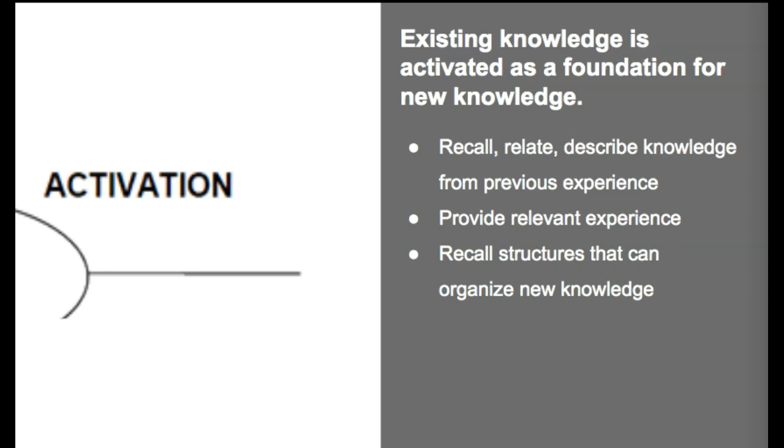And he also mentions recalled structures that can organize new knowledge. So if learners have a mental model that can be used to organize new knowledge, they should be encouraged to use this. And again, that goes back a little bit to the schemas that we talked about when we were looking at cognitivism. Now, what is important to note is that learners will be different. Not every group of learners is going to have experience or knowledge of related structures.